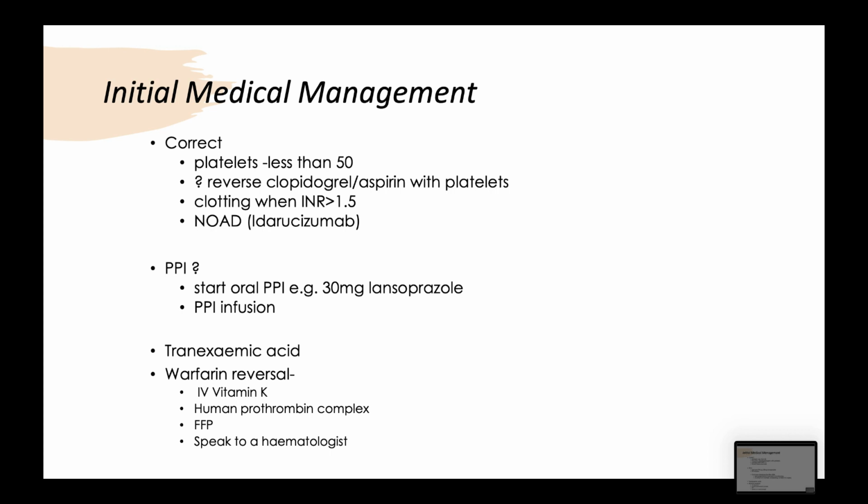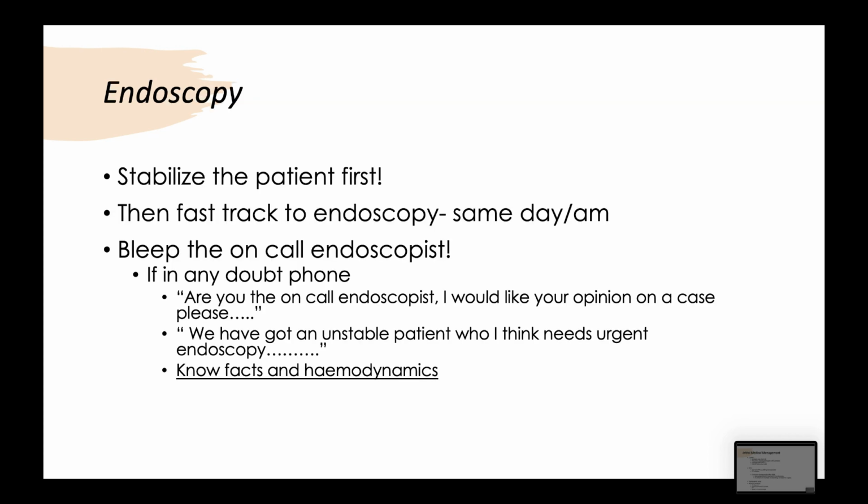So the exact treatment pathway of warfarin reversal, you can find it in the BNF, and you need to be familiar with that, especially for the PSA, because they like to ask how to reverse patients who are on warfarin.